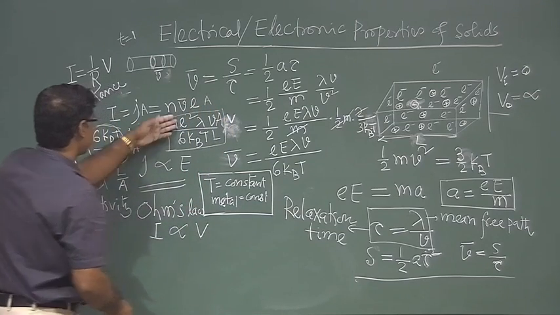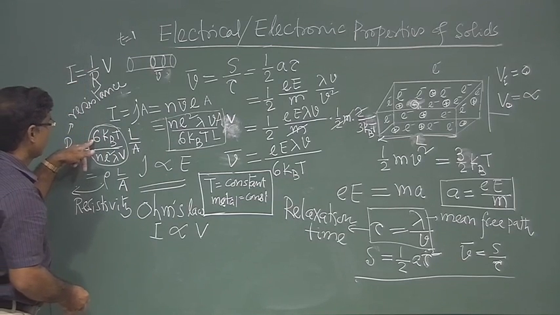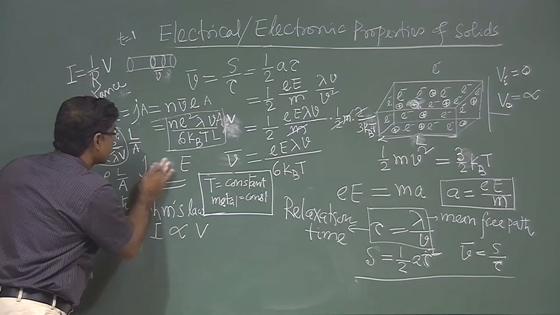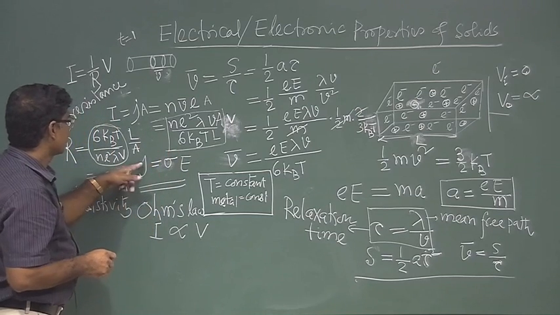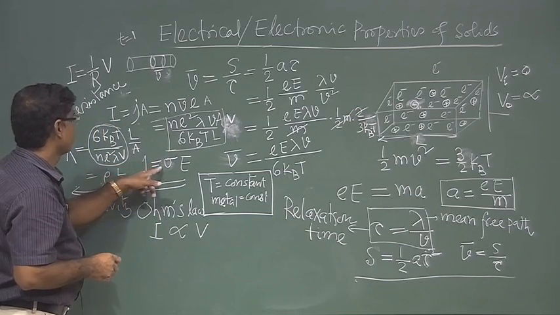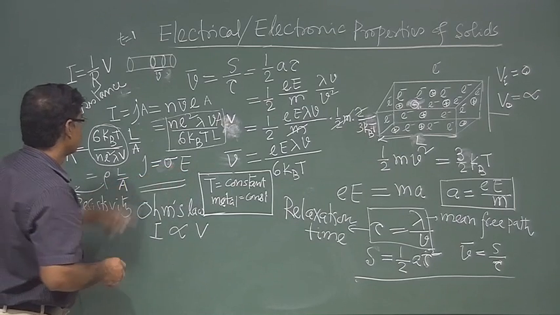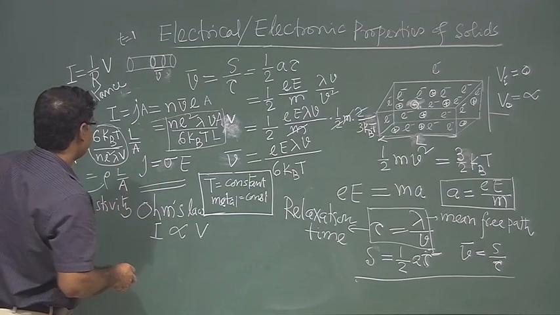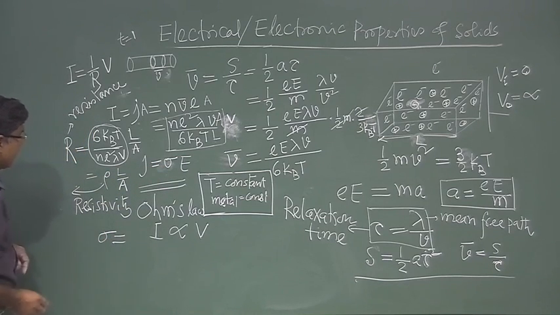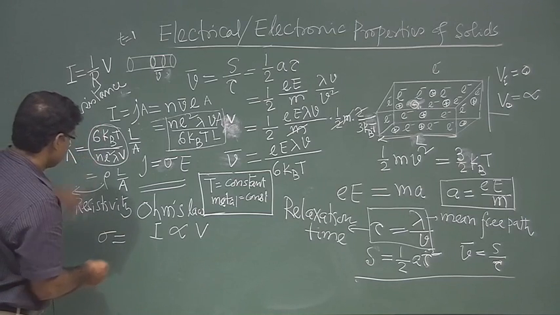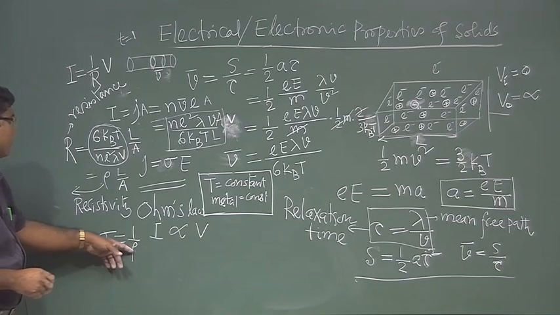Here I have taken inverse 1 by R, but if I do not take inverse, so J equal to sigma E, that sigma is called conductivity and it will be just 1 by rho. Okay.